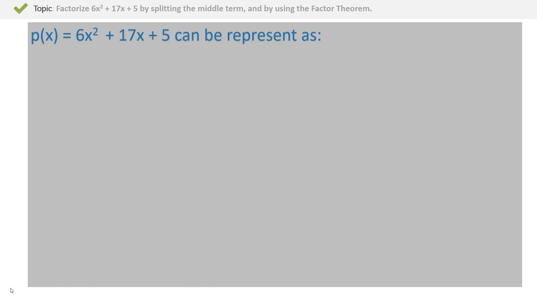We can represent p(x) equal to 6x squared plus 17x plus 5, assuming alpha and beta are the two numbers for which alpha plus beta equals 17 and alpha into beta is equal to ac. Here in this example, 6 into 5 is 30.